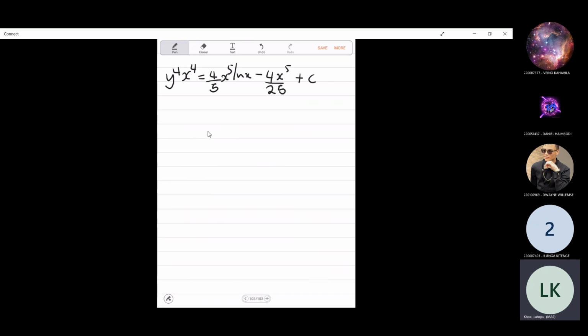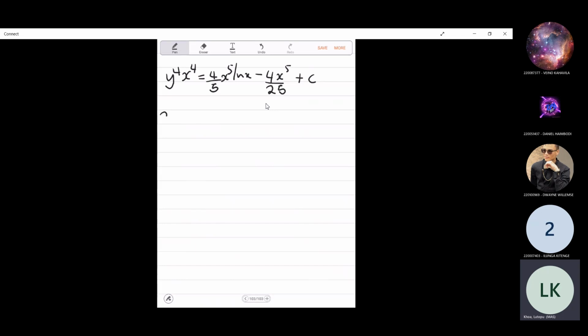Okay, then you can multiply everything by 25 to get rid of the denominators, so it looks nicer, I guess. Okay, then number 3.